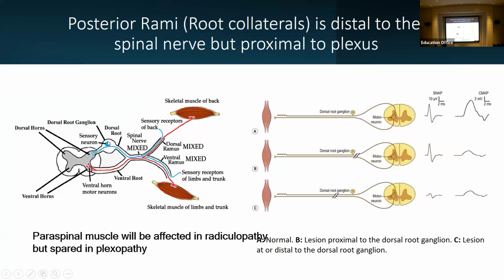It is distal to the DRG, to the spinal nerve, but proximal to the plexus formation. Therefore, when you do the EMG, the paraspinal muscles are going to be affected in radiculopathy instead of plexopathy.